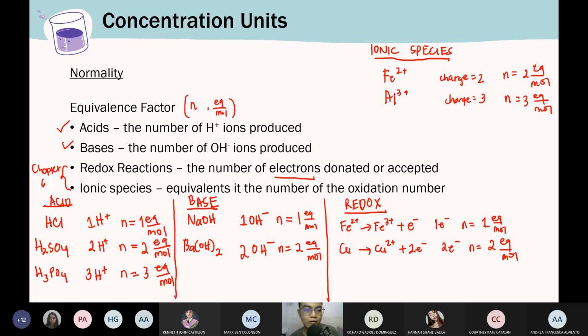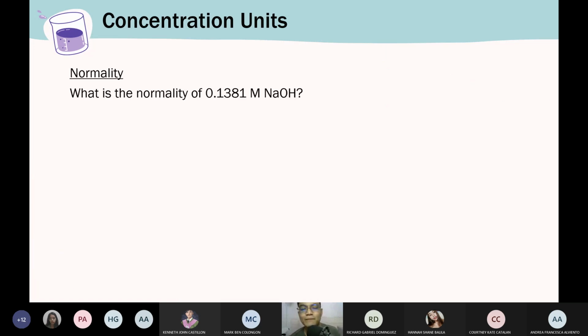Let's try to have one problem. Okay? What is the normality of 0.1381 molar sodium hydroxide? Ito, madali lang. Hanapin ang normality ni 0.1381 molar sodium hydroxide. So, write the equation.